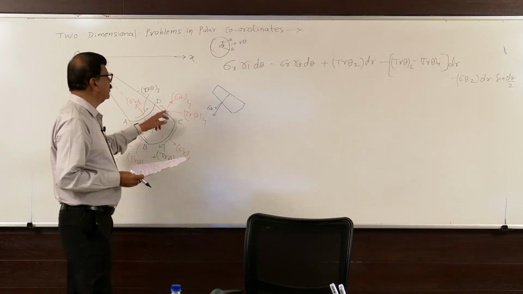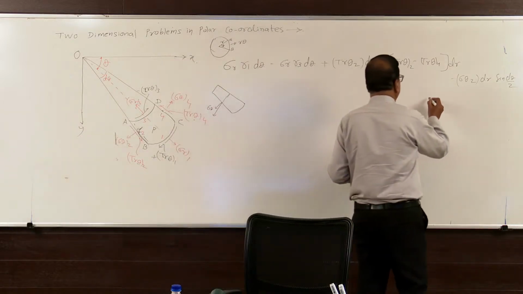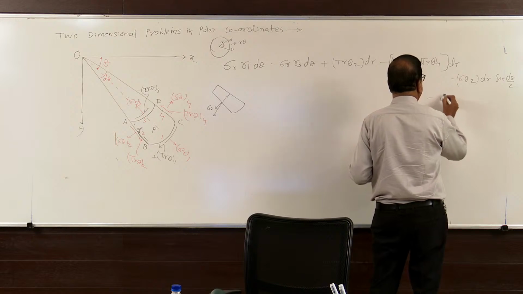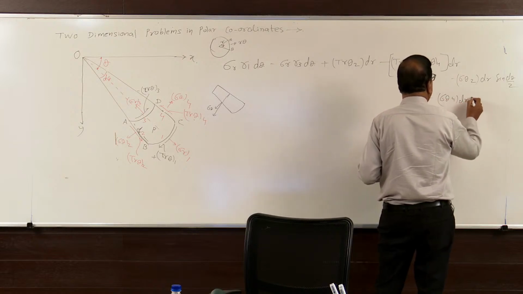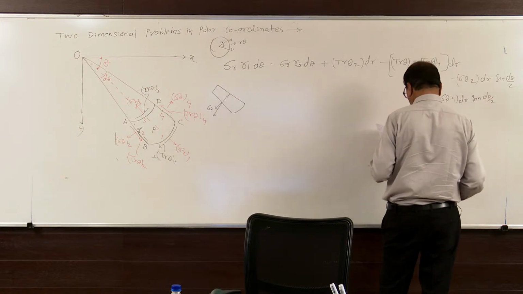Similarly, for this theta 4 into dr to sin d theta upon 2.